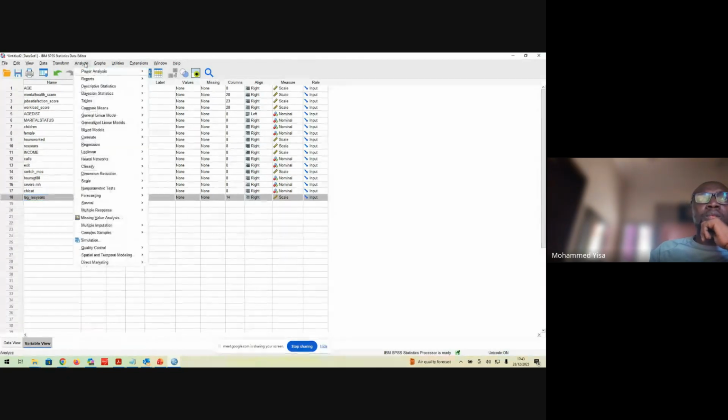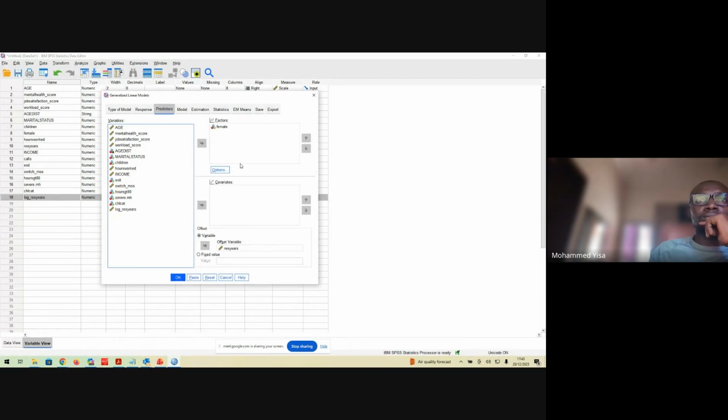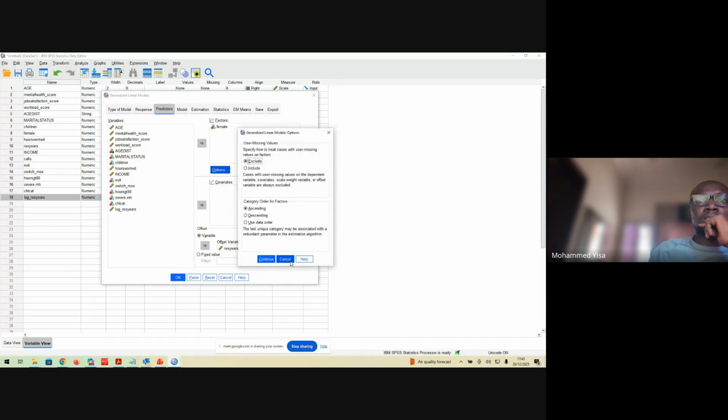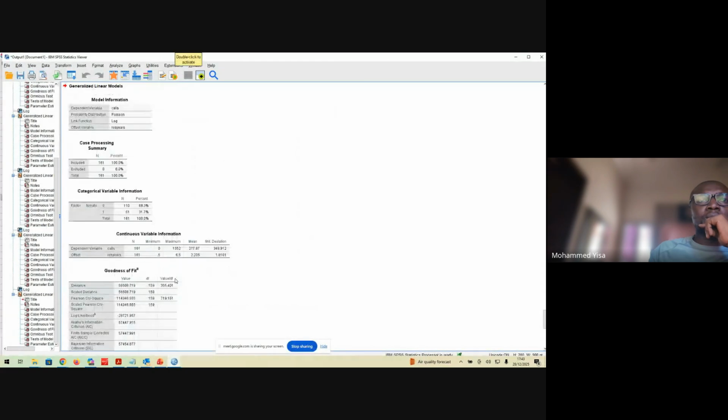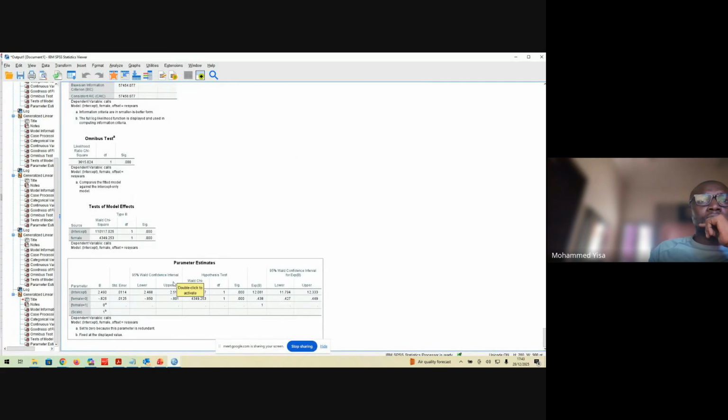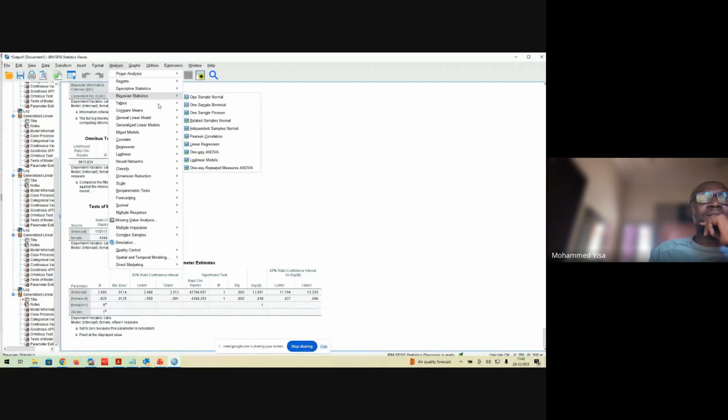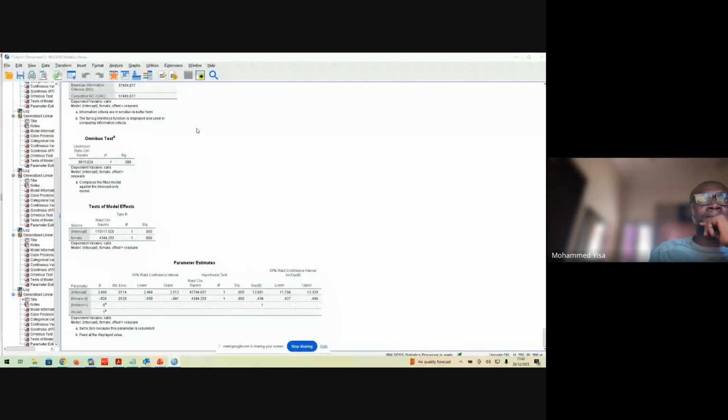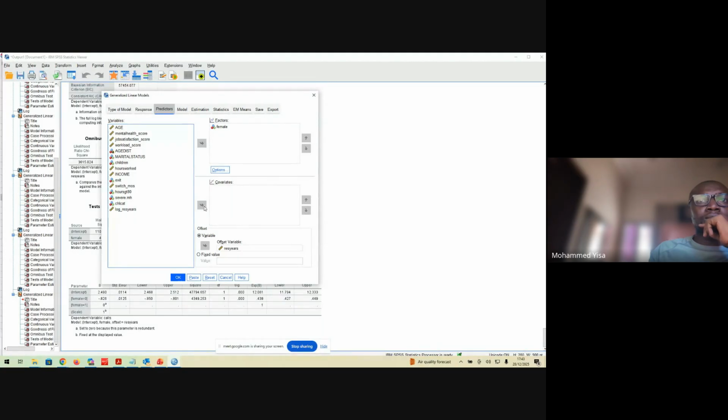So a new variable has been created, which is the log of number of years spent in residency. So now when we go to our analysis, generalized linear models, and click OK. So it has given us, oh, sorry, I just did the same thing, calculated without putting the offset here.